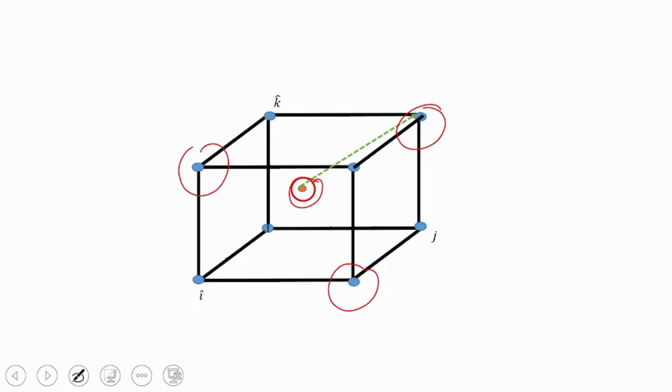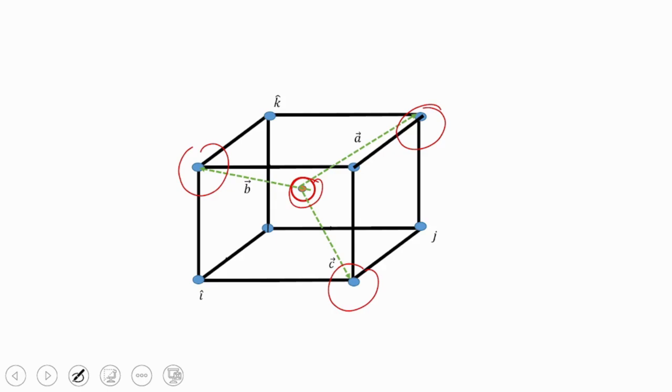Let's denote these as vector A, vector B and vector C. These vectors form 3 faces of the required primitive unit cell.